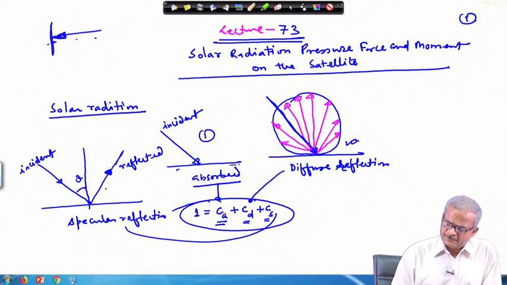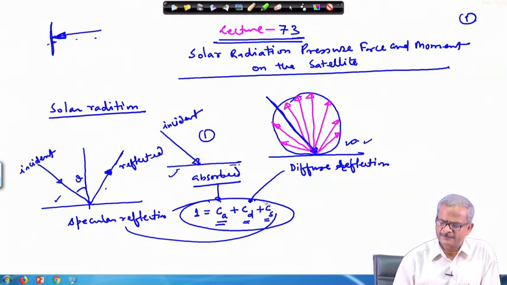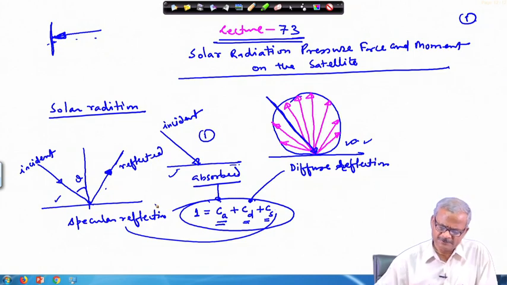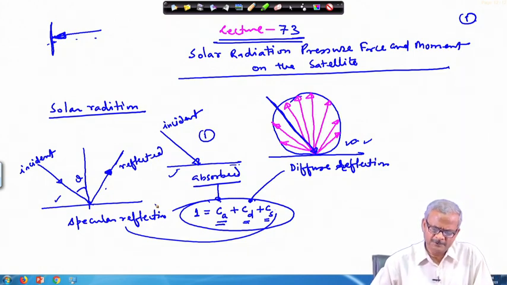These various calculations for various surfaces, I will do in the material to be uploaded. There is no need of doing this here, because it follows the same procedure as we have done for the aerodynamic force and the moment.